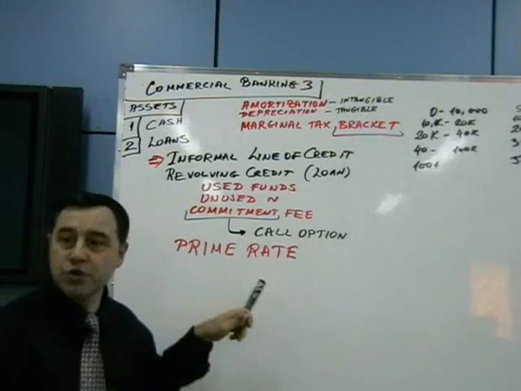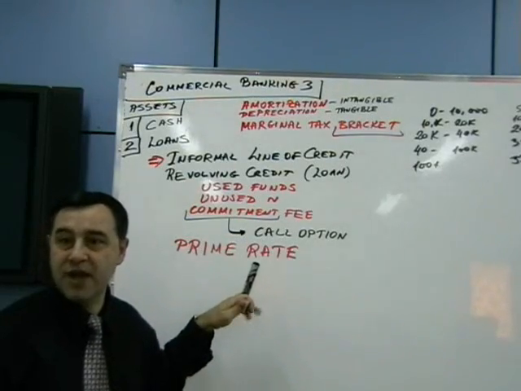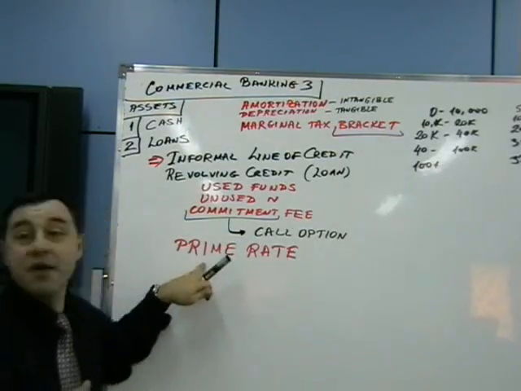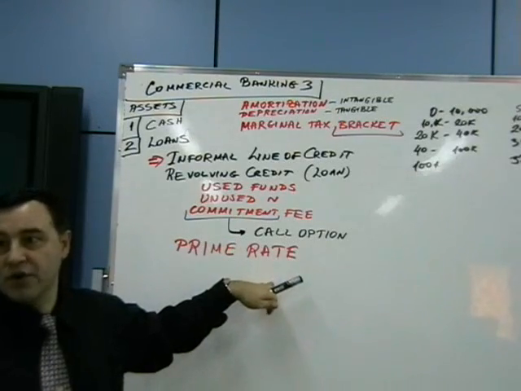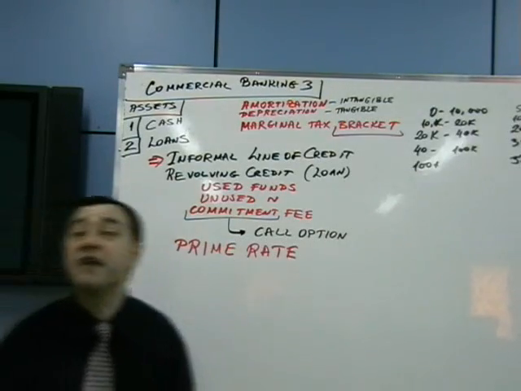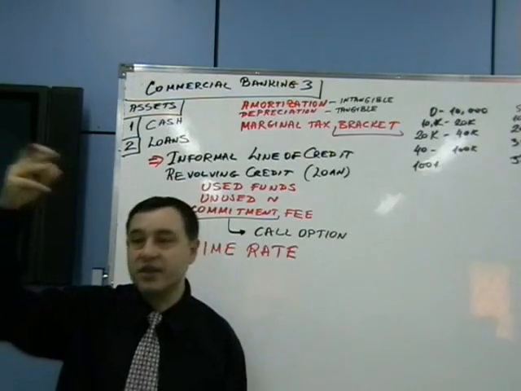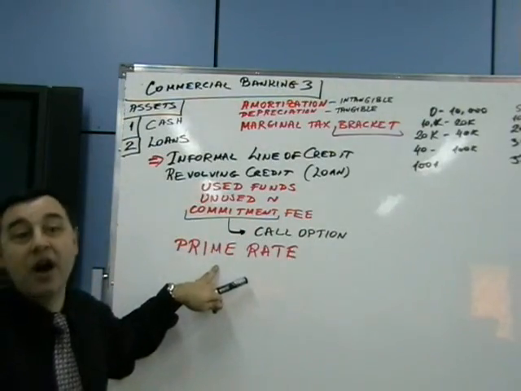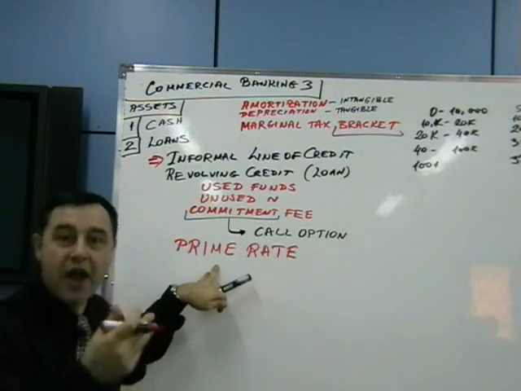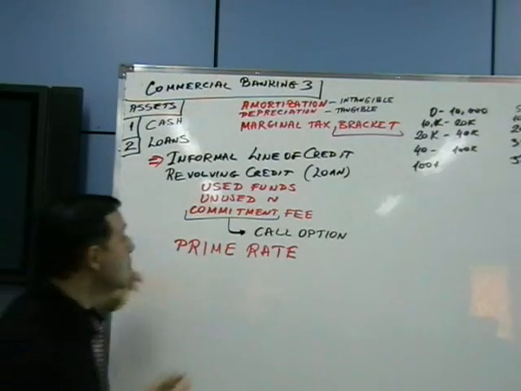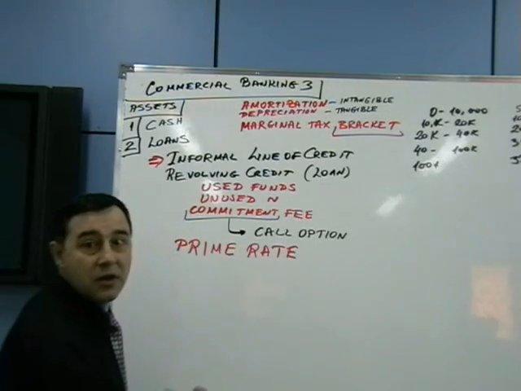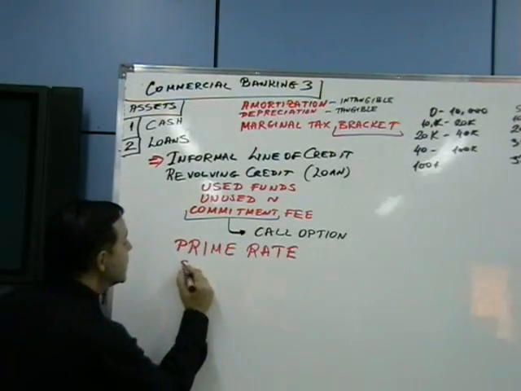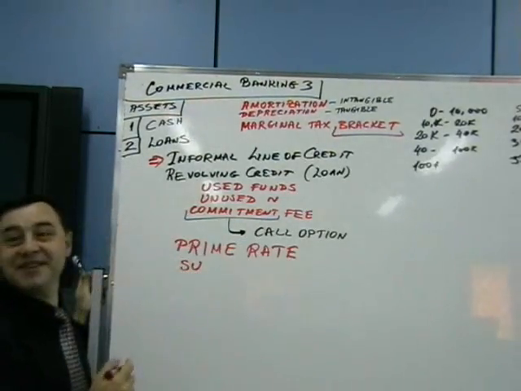We call those borrowers, if you remember from many times ago, prime borrowers. Prime borrowers are those of high, good investment quality. And those borrowers that are not of high, good investment quality, we simply call subprime.